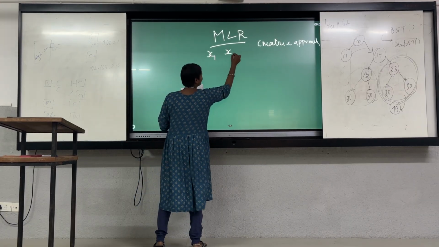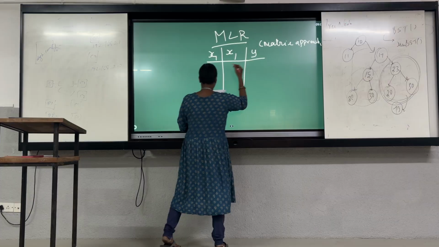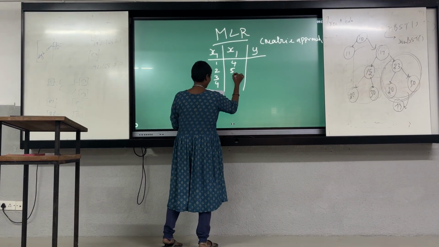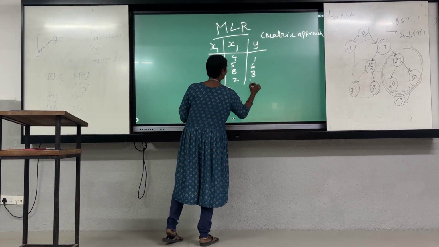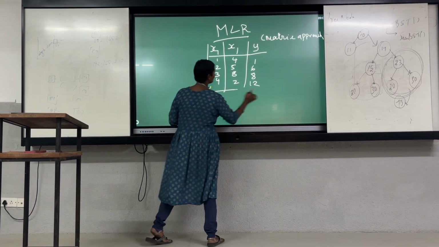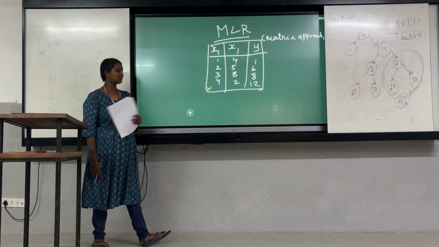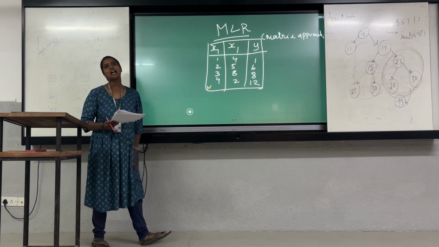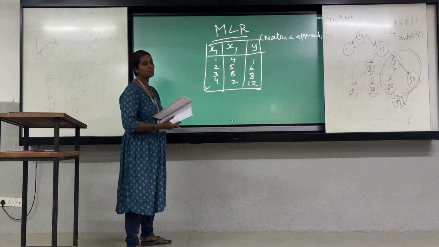They give two independent variables and one dependent variable. So 1, 2, 3, 4, 4, 5, 8, 2, 1, 6, 8, 12. This is the given input table. We're going to predict using multiple regression with the matrix approach. You already know the formula.